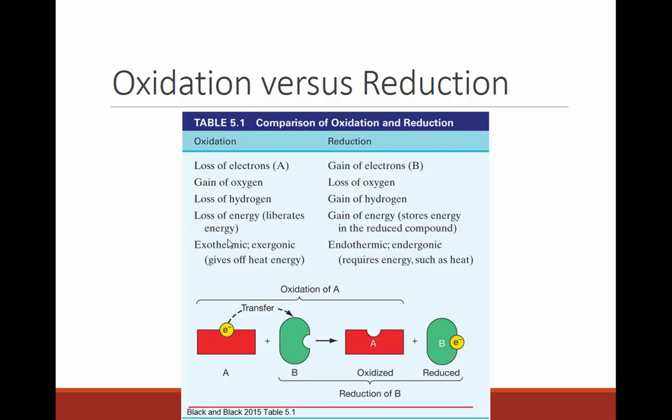It gives off heat. With a reduction reaction, typically it requires energy, so it gets quite cool. Pretty interesting. So with oxidation, gain of oxygen, loss of hydrogen. Everyone happy with that?